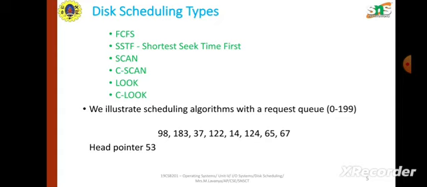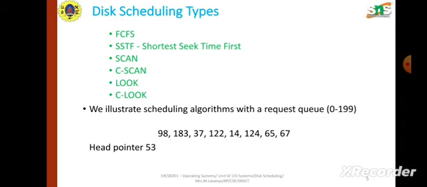The input data are the total number of cylinders, that is 200, the sequence of requests, and the initial head pointer position. Using this input data, we are going to give access to all those request queue cylinders using these 6 categories. Let's see them one by one.